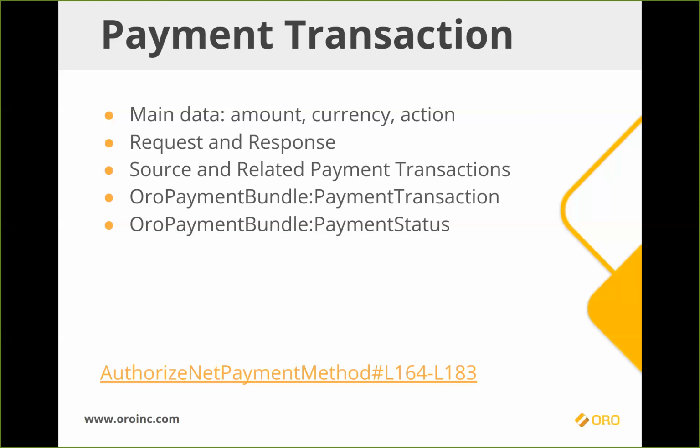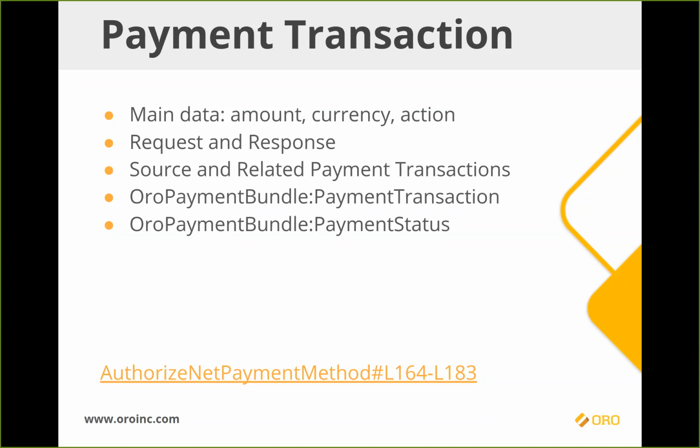Source and related payment transactions is the way to organize it. So there can be a source, and then another transaction which uses this source as a related transaction. So we have a chain. We're going to debug it and see it in detail, but this is how you have to organize this kind of information in the Oro code.